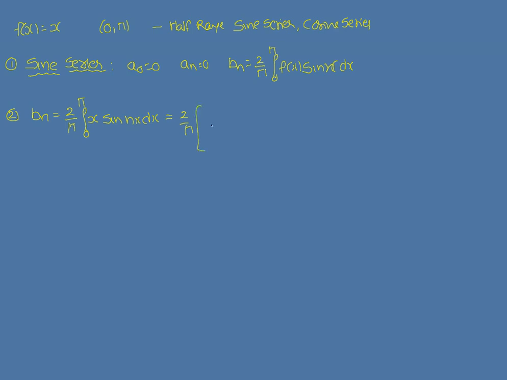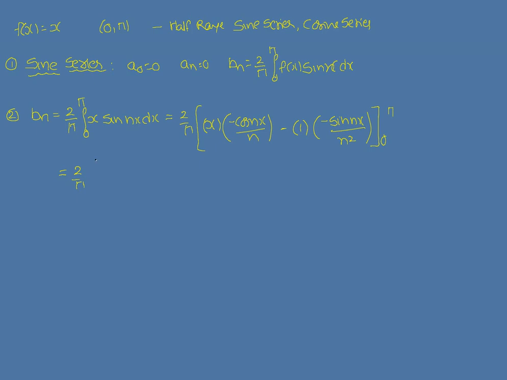Integration of x sin nx: x into integration of sin nx, which is minus cos nx by n, minus the differentiation of x, which is 1, into again the integration of cos nx, so sin nx by n square, between the limits 0 to pi.